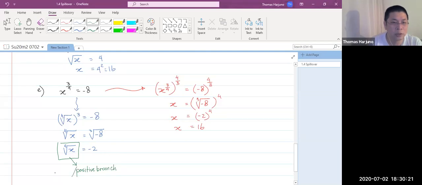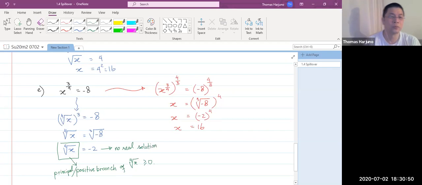The fourth root of anything should be greater than or equal to 0. So this is supposed to give us no solution. It's supposed to give us no real solution because the square root of anything should be 0 or positive. The fourth root of anything should be 0 or positive.